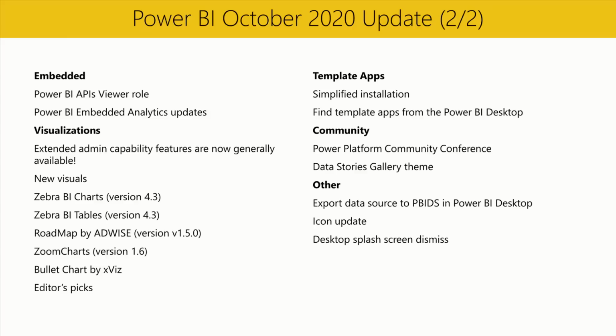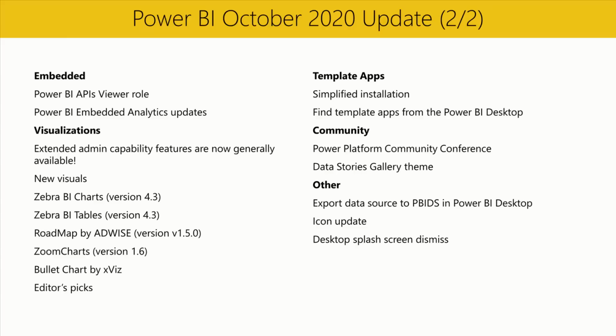Updated visuals this month include Zebra BI Charts, Zebra BI Tables, the Roadmap Visual by AdWise, all of the visuals by Zoom Charts, and the Bullet Chart by XViz. More information on all of the new and updated visuals can be found on our blog and in their respective links in the video description below.